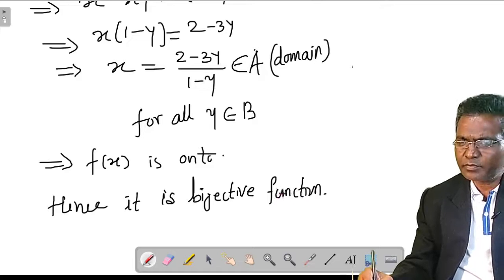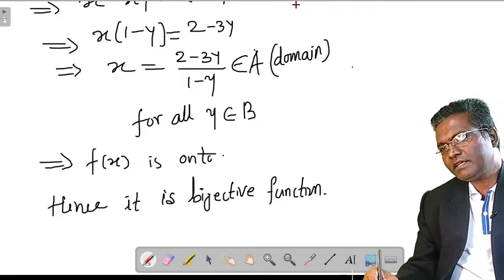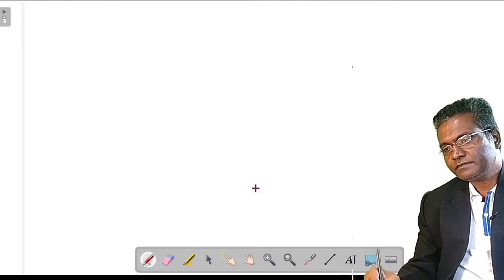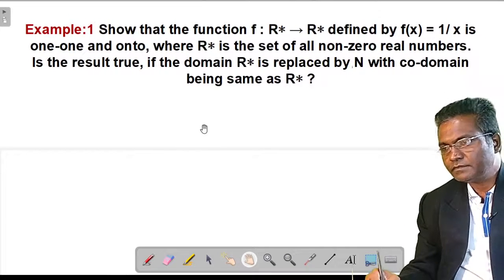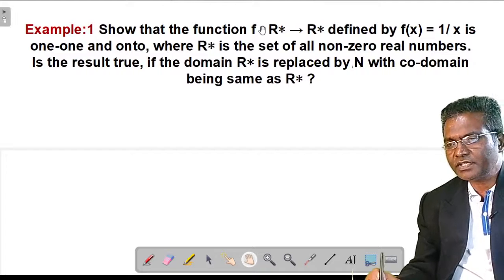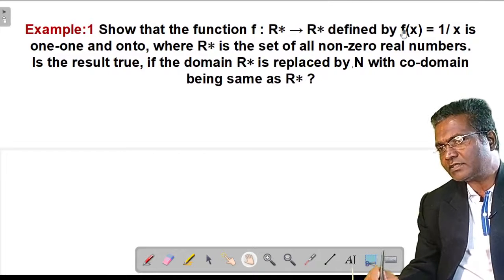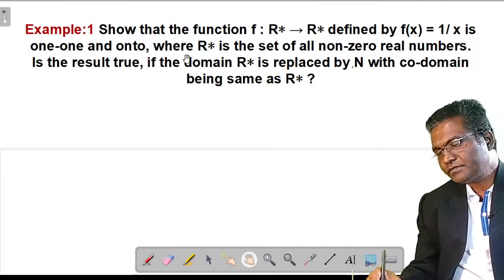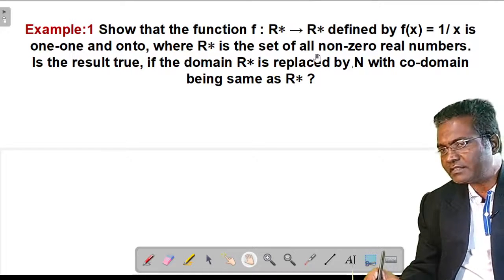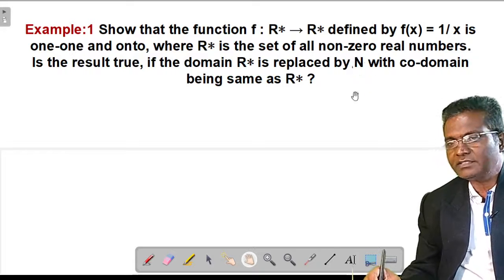Okay, so in this way you have to prove. Let's have another. Show that the function f from R star to R star defined by f(x) equal to 1 by x is one-one and onto, where R star is the set of all non-zero real numbers.